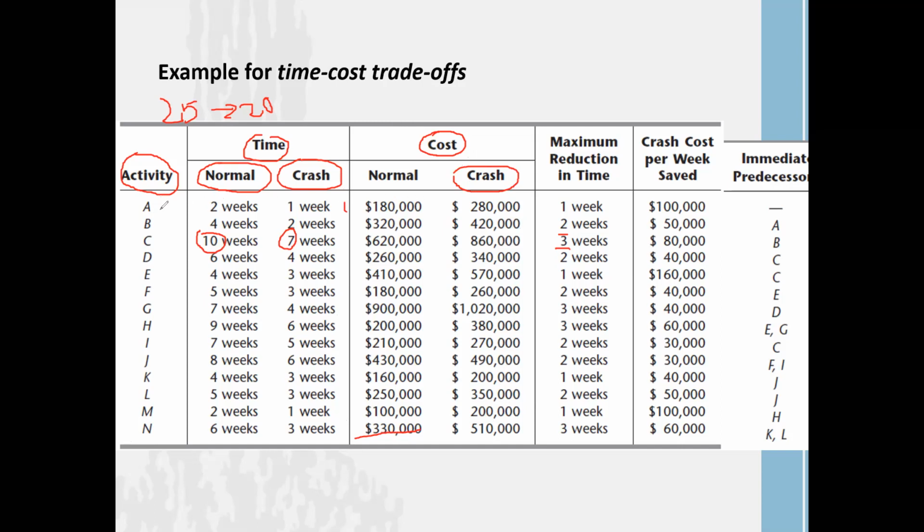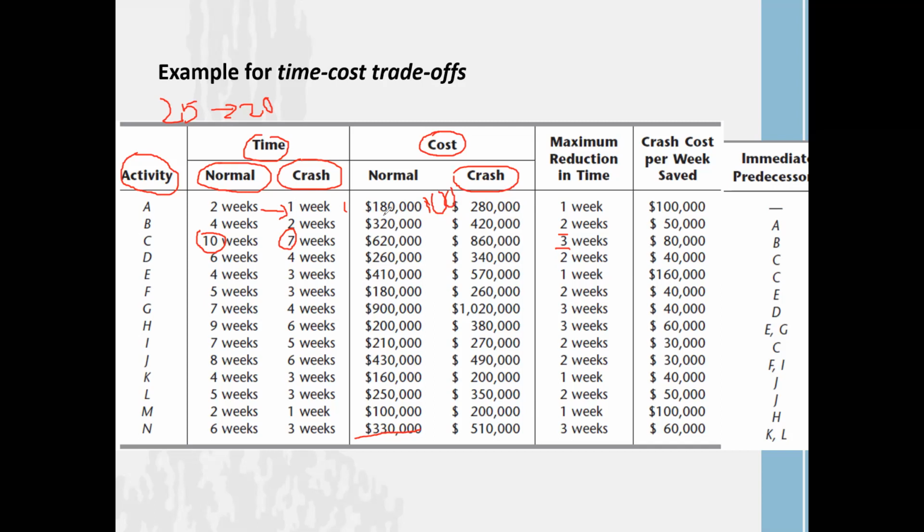But if you try to complete activity A within 1 week, that means crashing the activity by 1 week, you have to spend $280,000. Now what you can see from here is, once you expedite activity A from 2 weeks to 1 week, you have to incur an additional 100,000 per week, isn't it?